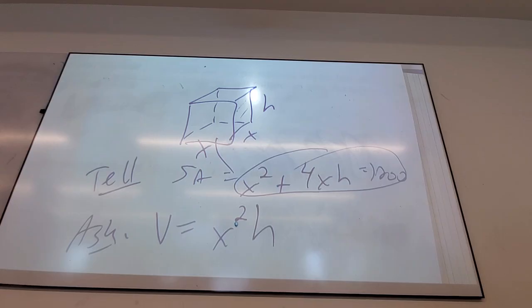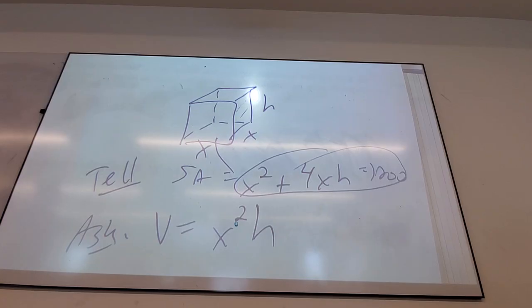Do you want to solve for X? Do you even understand what it would take to solve for X? You would have to use the quadratic formula in creative ways. I don't want to. Is it easier to solve for H? Yes! It only shows up once and it's to a first power, so that H is the real MVP. You solve for H, then you can plug in what H is, and then you have a volume formula that's a function of X. You can attack it with calculus.